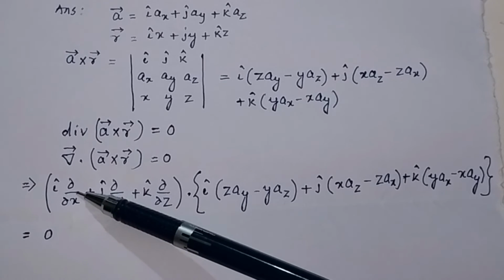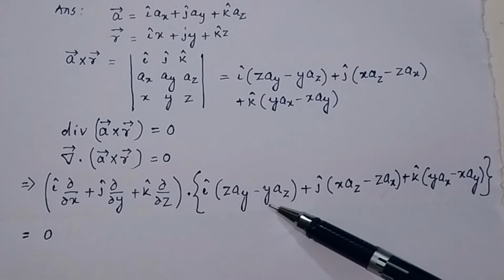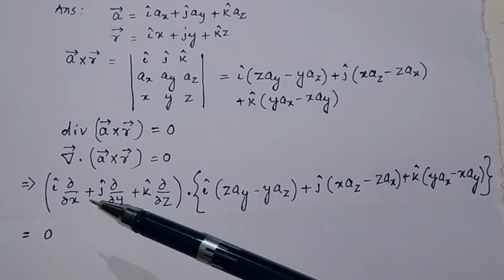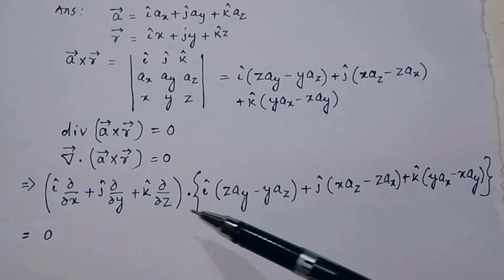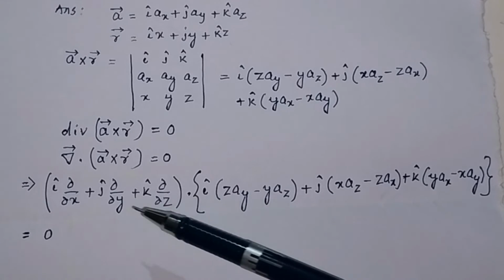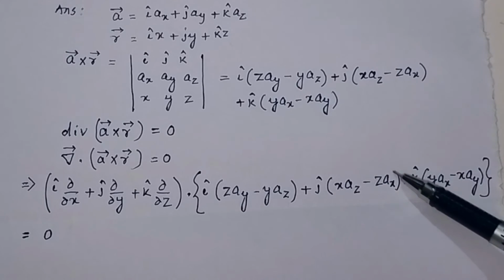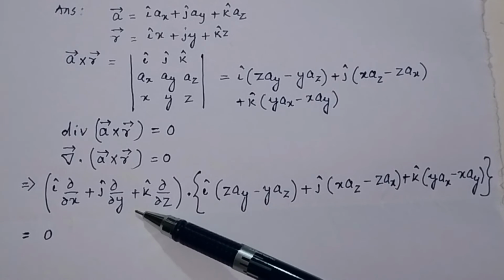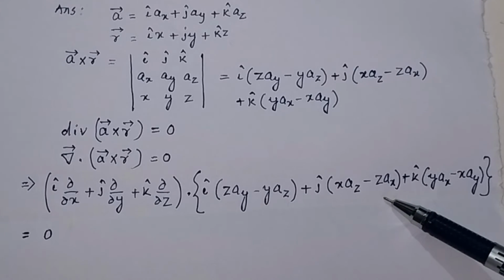If you take the partial derivative with respect to x, there is no x component in the ith component, so that will be equal to 0. Similarly, if you take the partial derivative with respect to y of the j component, this will also be equal to 0, because here you have no y component.